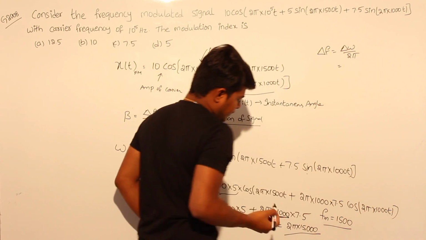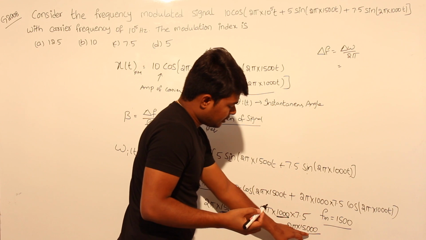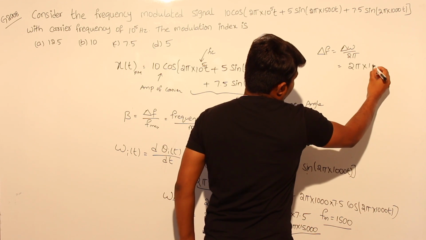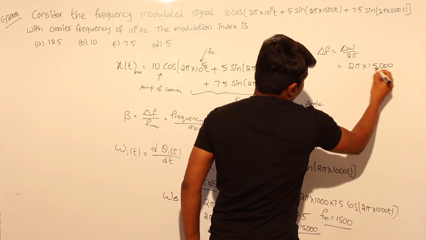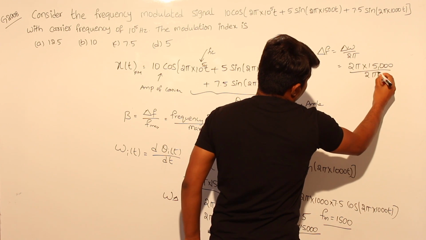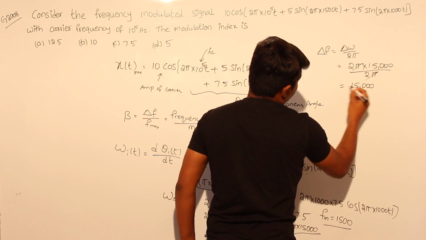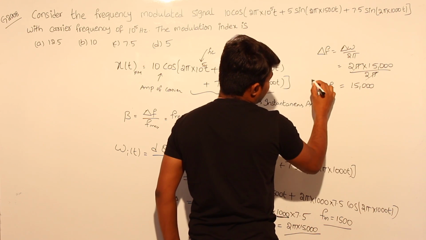We have calculated delta W to be 2 pi into 15,000, so 2 pi into 15,000 by 2 pi. The 2 pi cancel, it will be 15,000. That is the maximum frequency deviation.